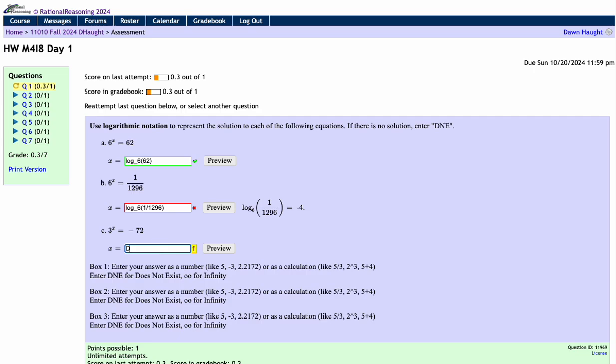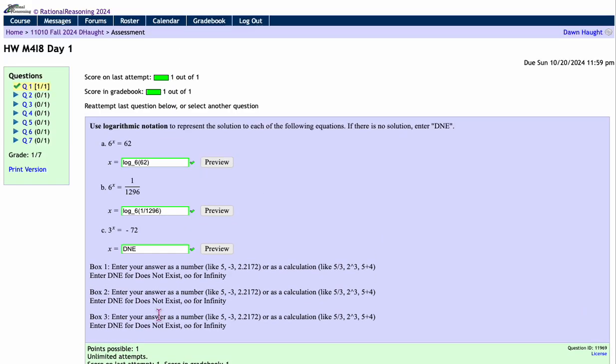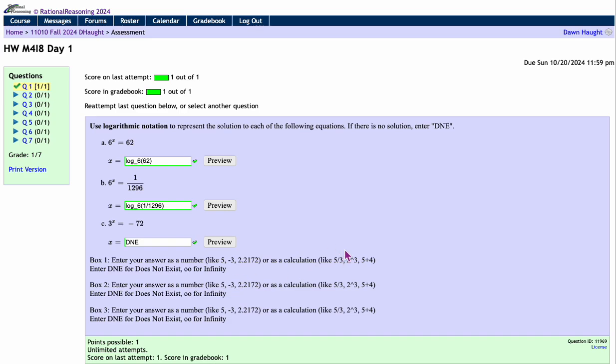No, so just type D and E. So if it's a different base, I think you can use the underscore on your keyboard to make it indicate what your actual base is, and then you can put your answer in parentheses.